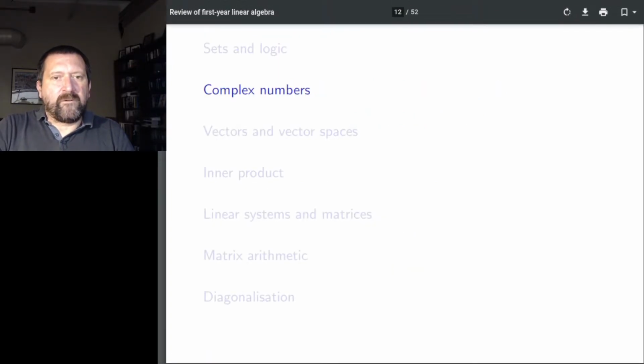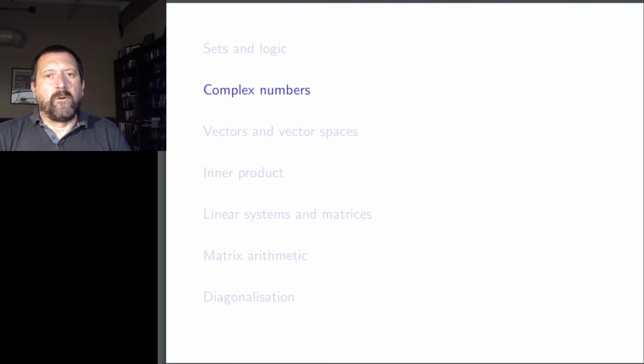The second notion I want to go over is complex numbers. You may or may not have seen this. For instance, if you've taken 1210, then you have seen complex numbers, whereas if you've taken 1300, you have not officially seen them.